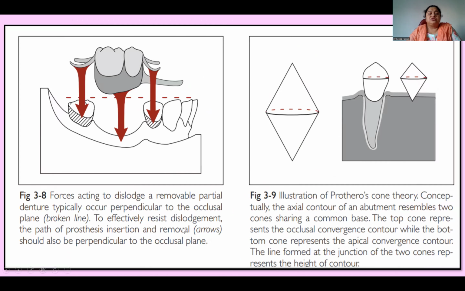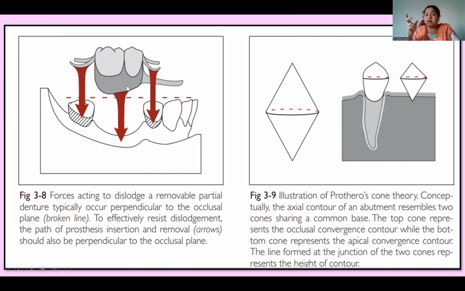Forces acting to dislodge the RPD occur perpendicular to the occlusal plane. So these broken lines, the red broken lines, are the ones through which they act. To effectively resist dislodgement, the path of prosthesis insertion and removal should also be perpendicular to the occlusal plane. Means, see these red large arrows: removal and placement should be done only in this direction.